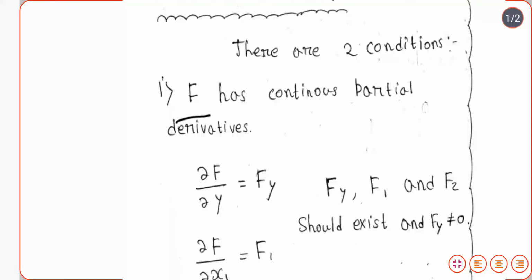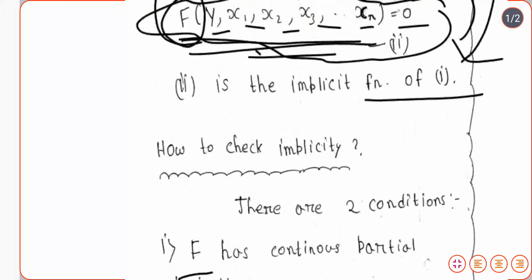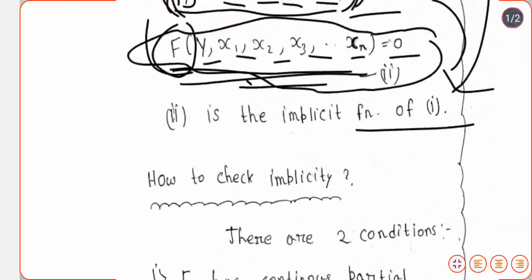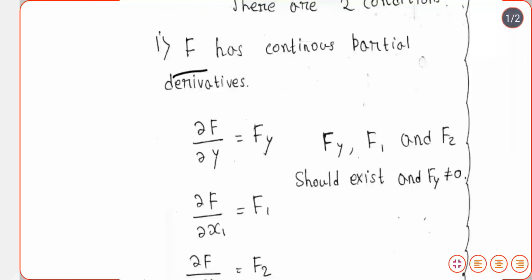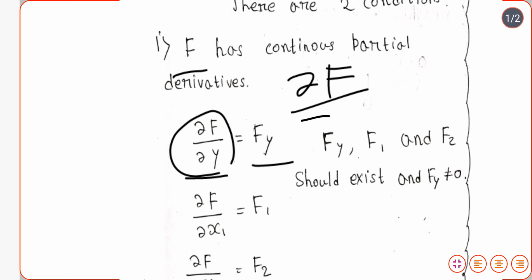So if we take the partial derivative of this entire function with respect to y, then what will we get? That is del f del y, which we get as fy. So del f del y is assigned as fy. Suppose it was del f del x, then we can easily say that it is fx.